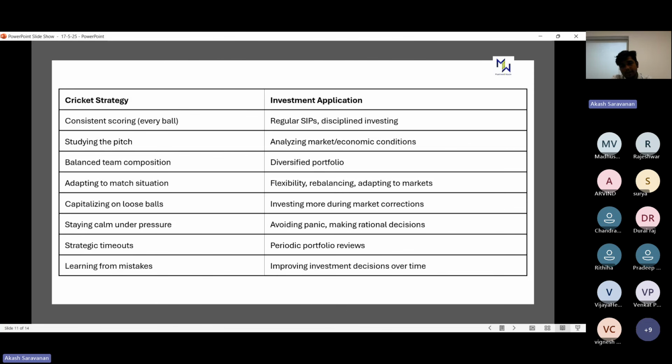Another example is recency bias. Markets generally went up in the last 4-5 years, and the market didn't even get a minus 10% correction till 2024. After 2024 only, a minus 10% correction happened.